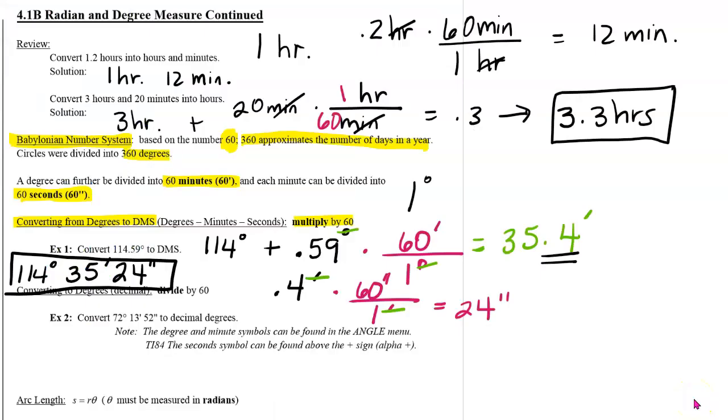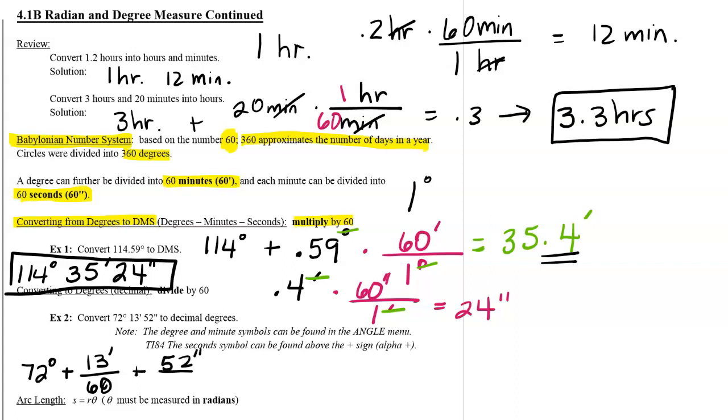Now let's take DMS and let's change it to decimal degrees. Example number 2. So far we have 72 degrees. We have 13 minutes. And by the way, how we're going to get the 13 minutes into decimal degrees is we're going to just divide by 60. So that is my minute part. And now let's add the second part. So 52 seconds.